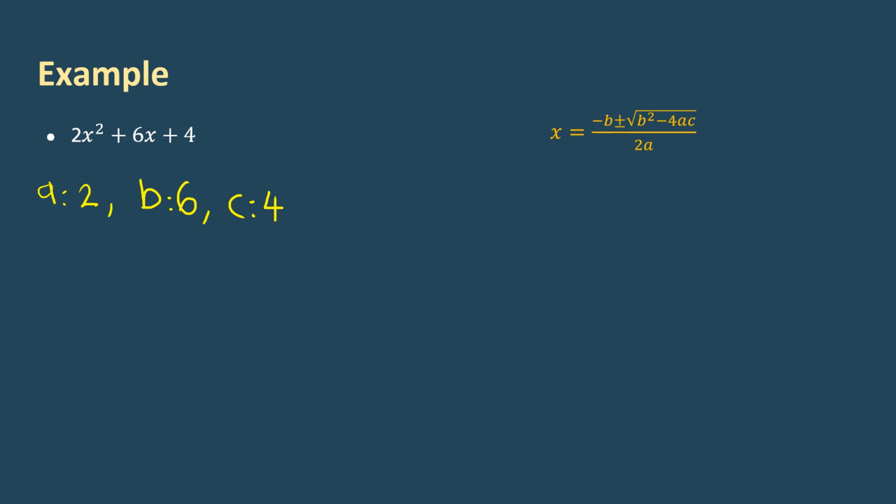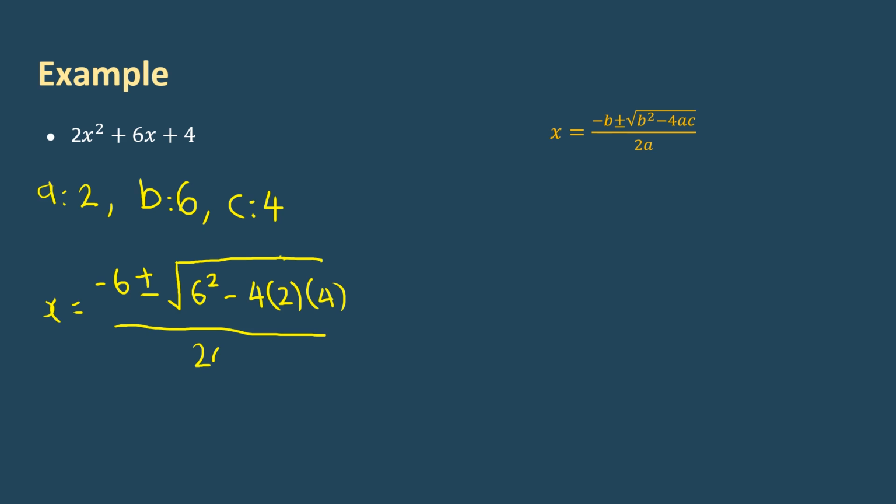So now we're going to place these values into the equation. So x equals negative b, which is negative 6, plus minus square root of b squared minus 4ac, over 2a.